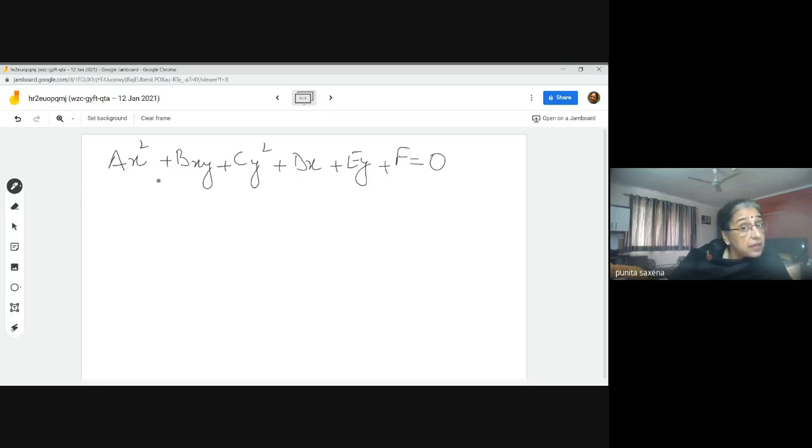This is a general second degree equation I am writing. Is this okay?